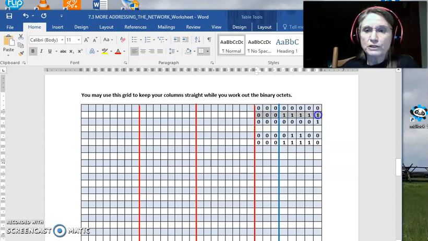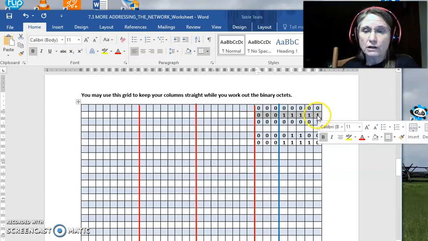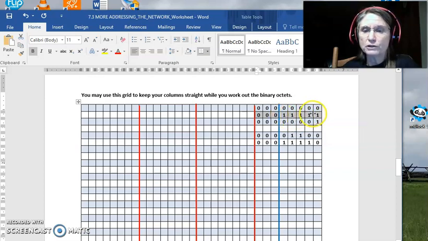Whatever the decimal representation of this is, which happens to be 31, because we have 1, 2, 4, 8, 16 for the bit positions. So 16 plus 8 plus 4 plus 2 plus 1 is 31. Network address 0, broadcast address 31, and the addressable hosts are then everything greater than 0, but strictly less than 31.